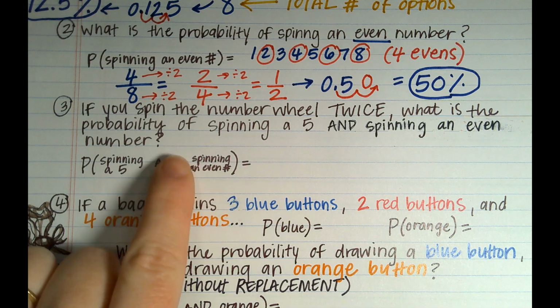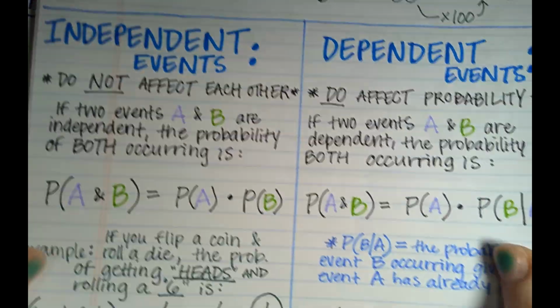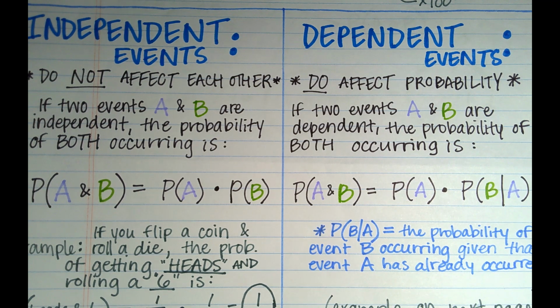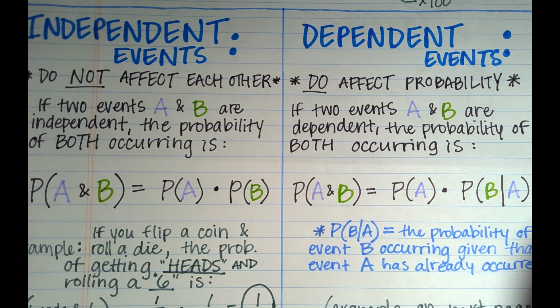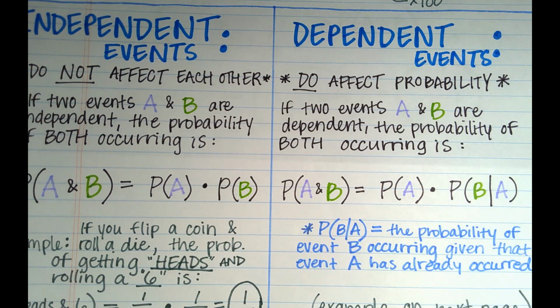So I'm talking about spinning a number wheel 2 times. Whenever I spin the wheel the first time and then I spin it again, will whatever I land on the first time affect what I might land on the second time? It will not affect it.